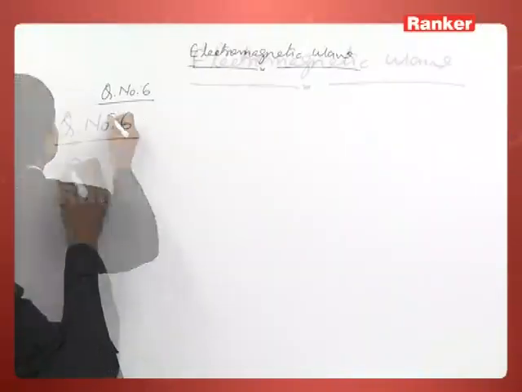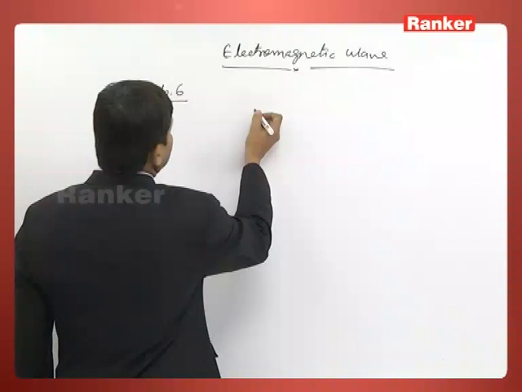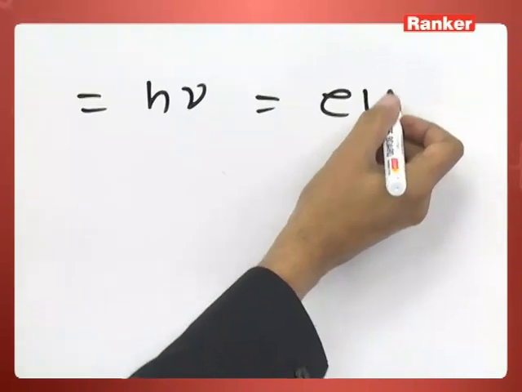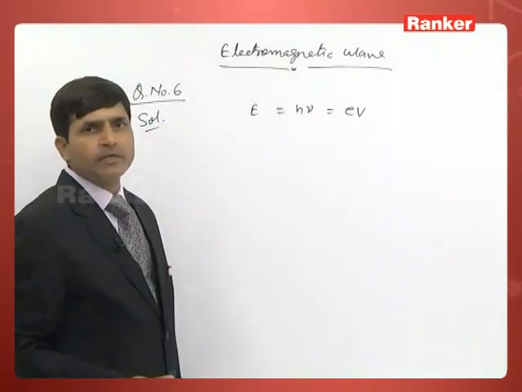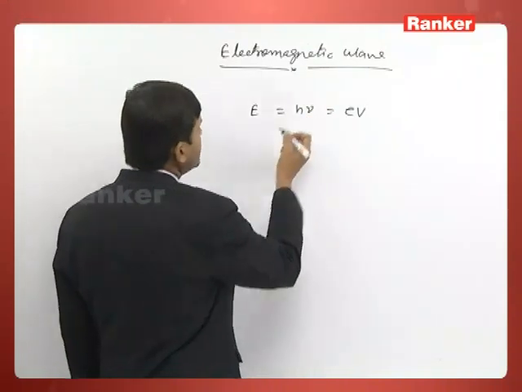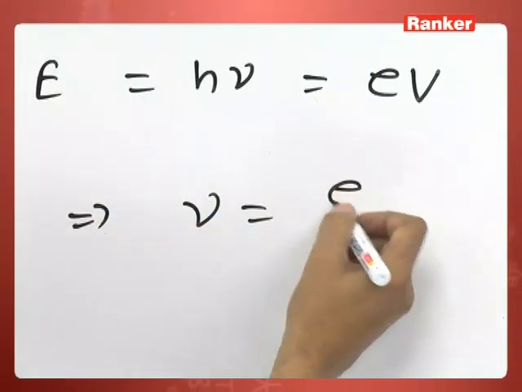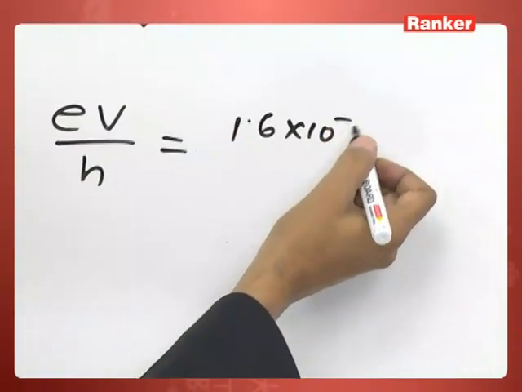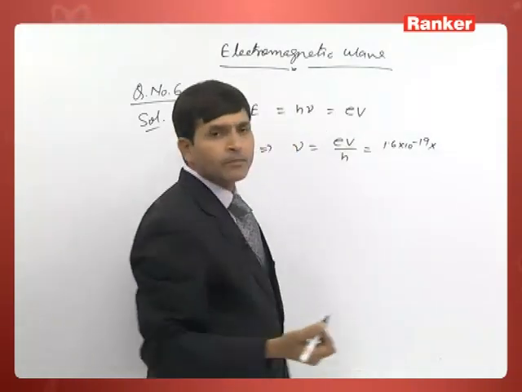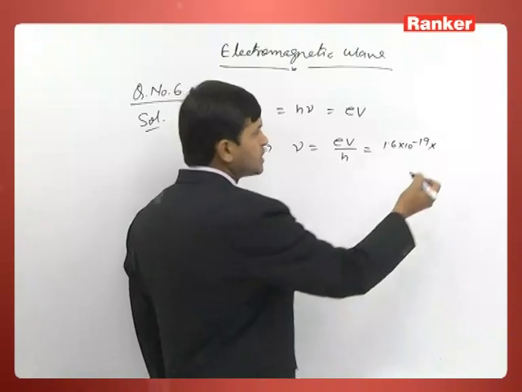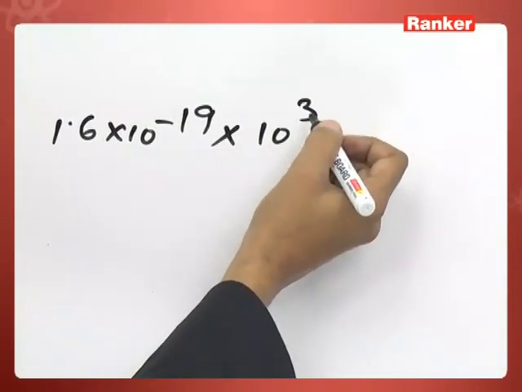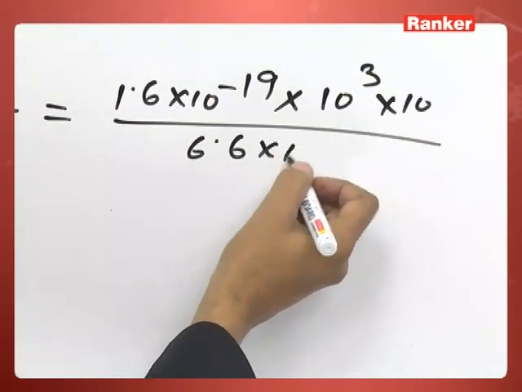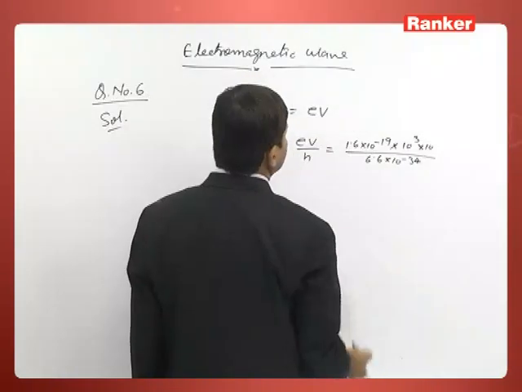See, the energy of the electron can be given as h nu, which is equal to eV. e is the charge of the electron, V is the applied potential, and nu is the frequency. The frequency is written as eV by h, where h is the Planck constant. e is 1.6 × 10^-19, the potential applied is given as 10 kilovolt, so 10^3 × 10, divided by the Planck constant 6.6 × 10^-34.